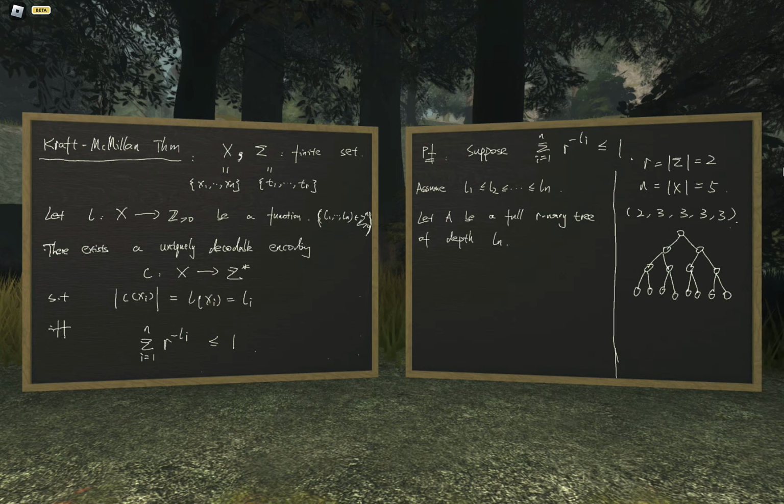If we have this full r-ary tree of depth Ln, we notice that every word of length L less than or equal to Ln corresponds to a node in this tree at depth L.